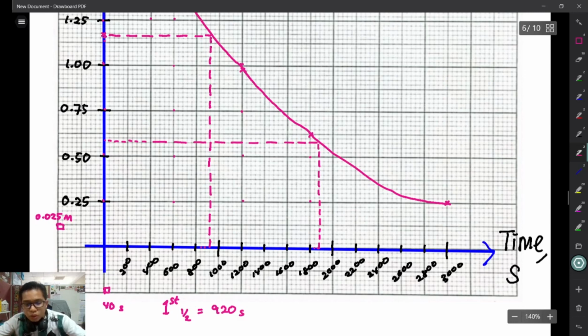So 1, 2, 2 kotak. 2 kotak 40 tambah 40, 40.